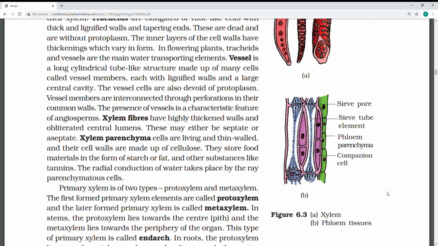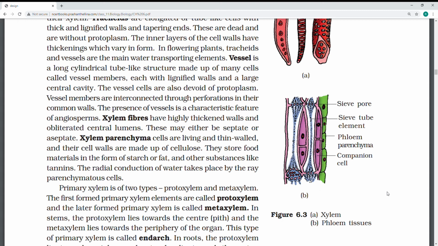Sieve tubes are tubular cells with perforated walls containing a large vacuole and no nucleus, with peripheral cytoplasm and cytoplasm at the ends only. They transport food materials from leaves to other plant parts.